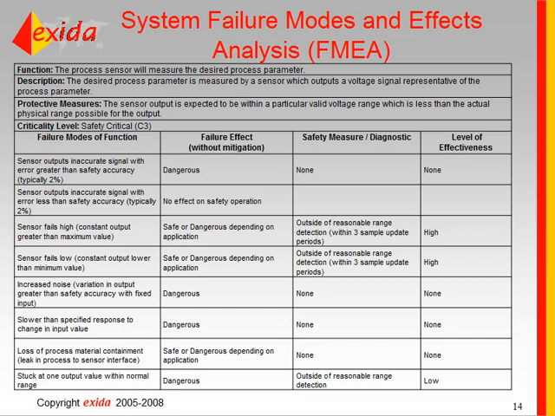61508 has various requirements related to fault detection. There's something called safe failure fraction that's required, which is essentially a ratio of all the failures that can occur to the product. A certain percentage of them must be safe failures, and I'll get into the definition of that in a little bit.